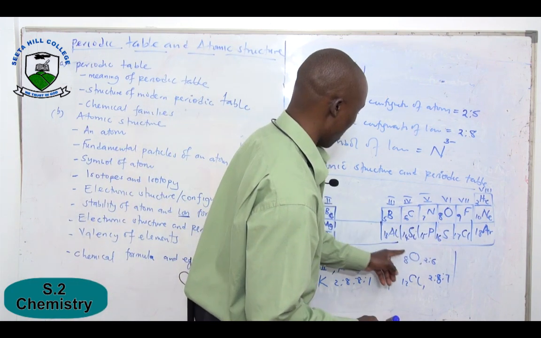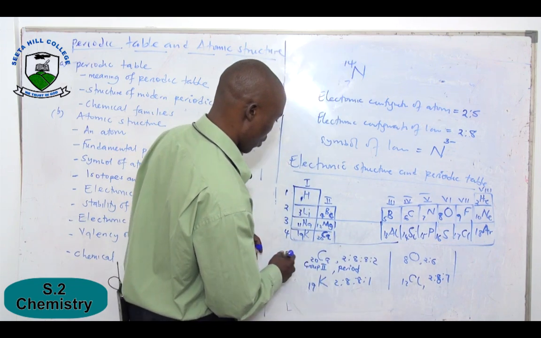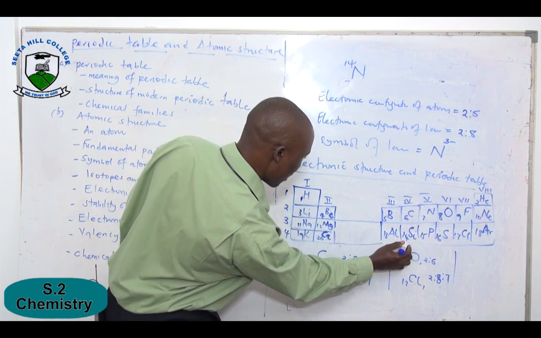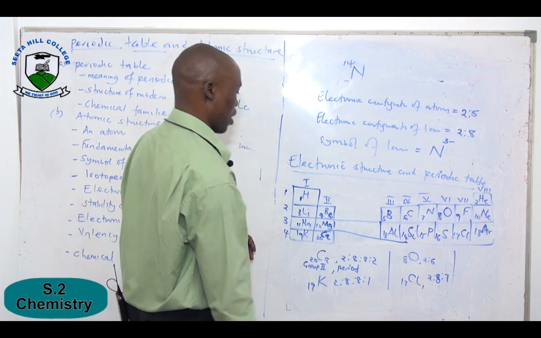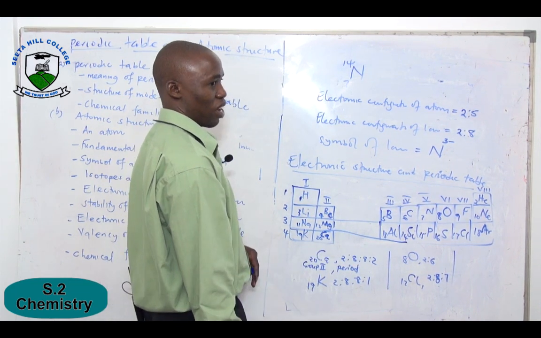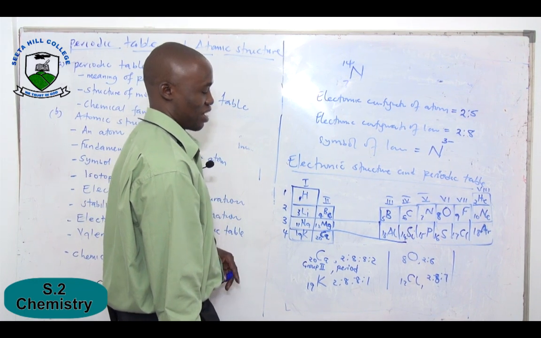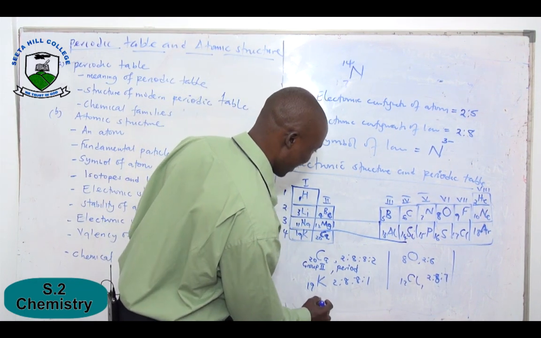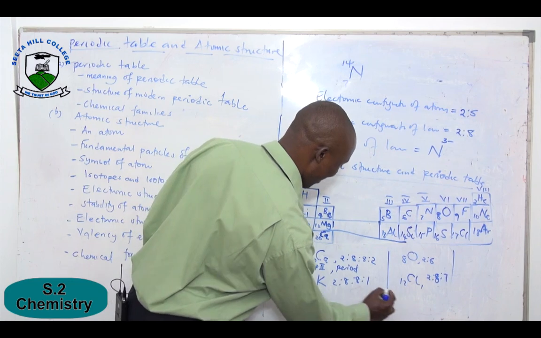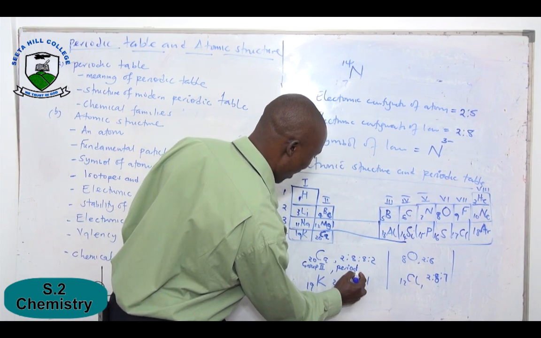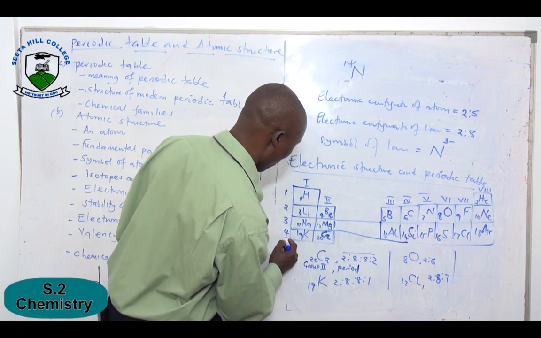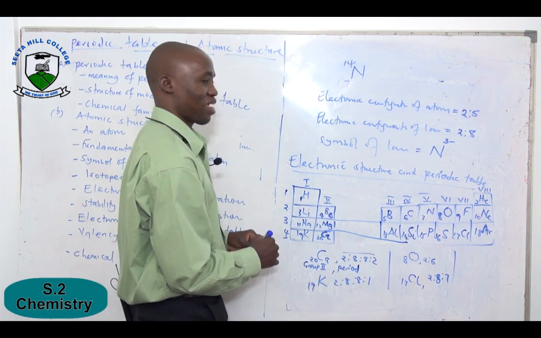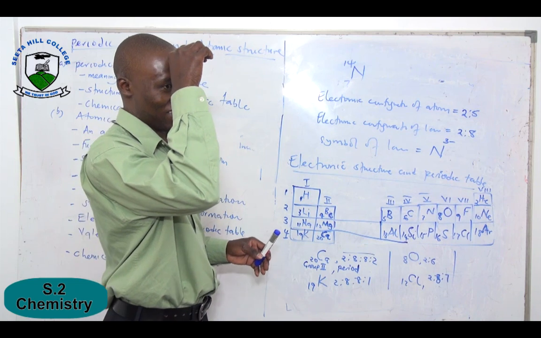Chlorine is in period 3. What do you notice? How is the period becoming 4? Calcium is in period 4, it has 4 shells.